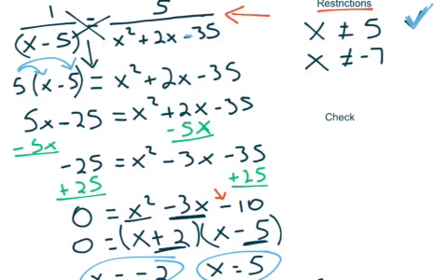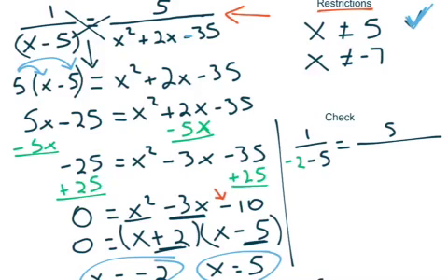Okay, I'm coming up here. I'm going to draw a line through this. So 1 over negative 2 minus 5 equals 5 over negative 2 squared plus 2 times negative 2, minus 35.